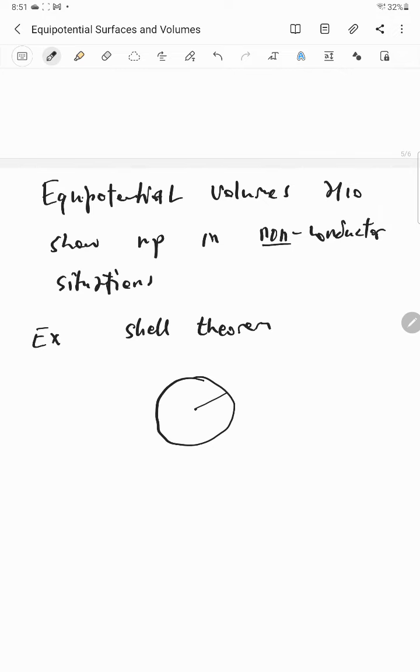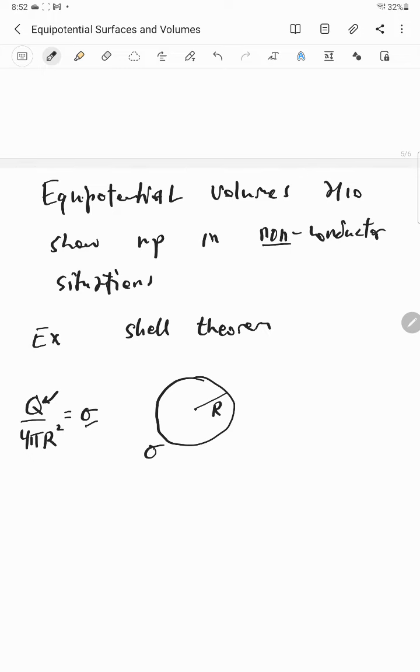I'll say that this sphere has a radius r and is charged with surface charge density sigma that's uniform. And so you know that q over 4 pi r squared is what sigma is, right? The charge of the shell is spread uniformly over the area of the sphere, 4 pi r squared, and that gives rise to the charge per unit area, called sigma.